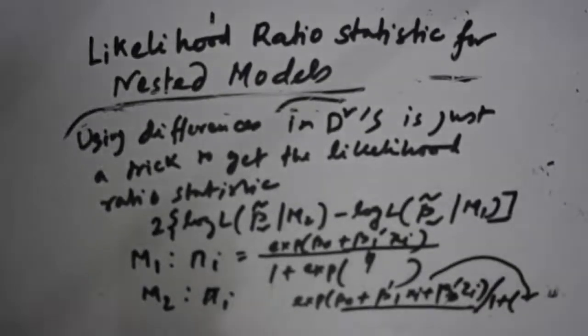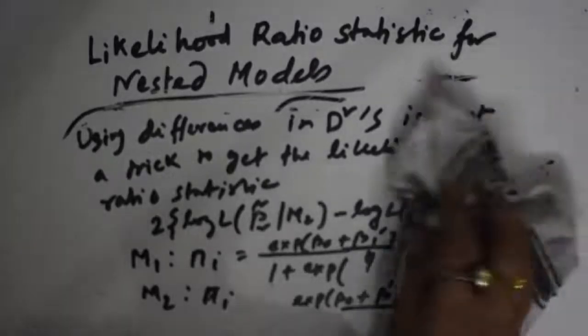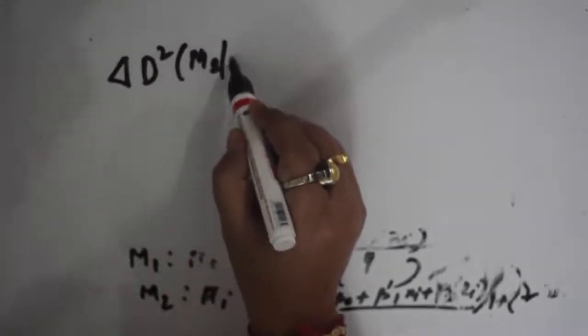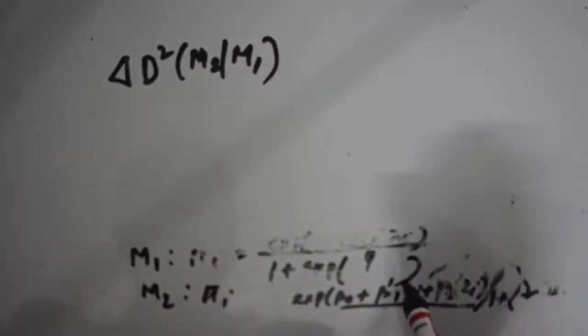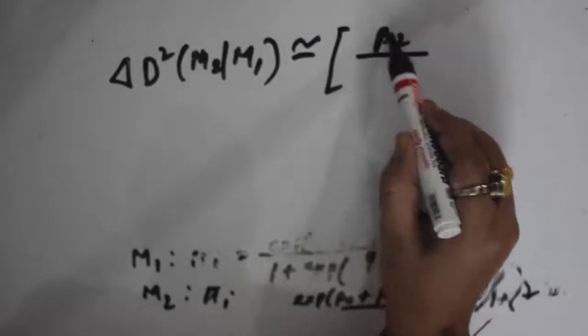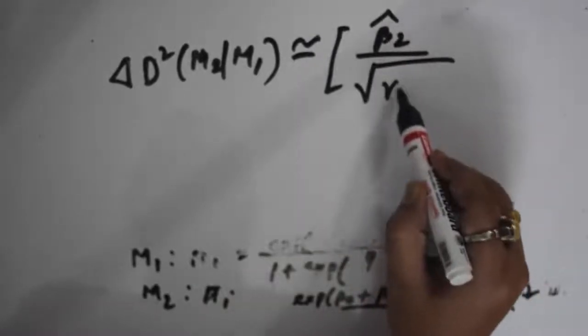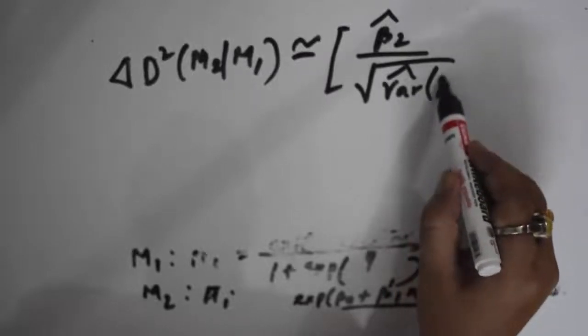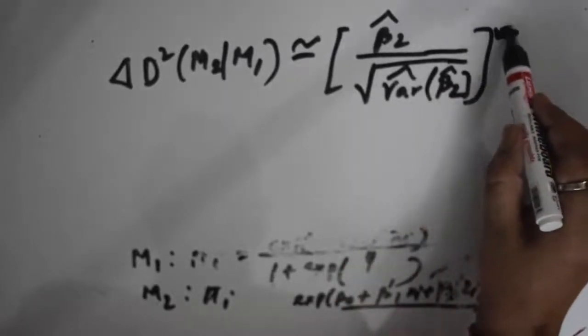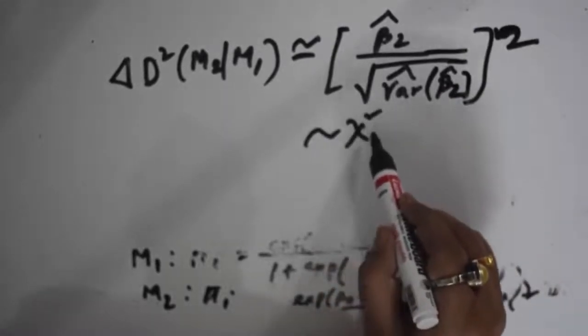A Taylor series approximation can be used to show that delta D squared of M2 given M1, if you use only one explanatory variable, is approximately beta 2 hat divided by the estimate of the standard error of beta 2 hat, whole squared, which is approximately chi-square with 1 degree of freedom.